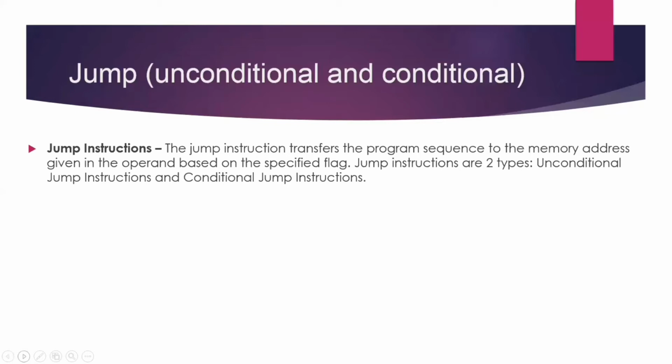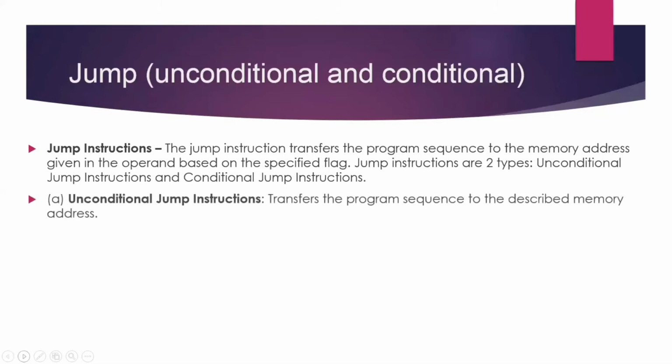First of all, the unconditional jump instruction transfers the program sequence to the described memory address. It describes that programs are sequentially arranged and performed at the specified address. The unconditional jump instruction is given in the operand based on the specified flag register.